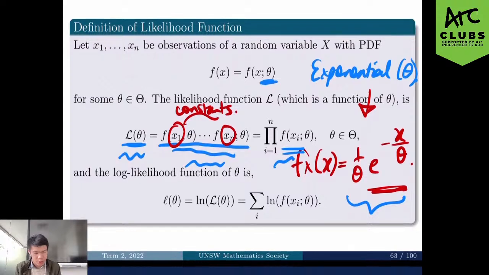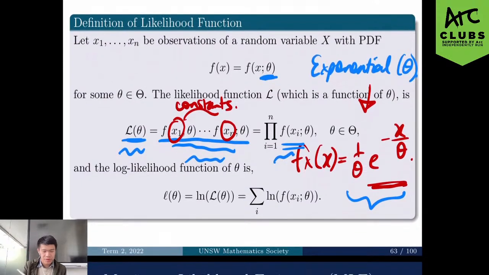And the log likelihood function is actually equal to the log of this product. The reason why we care about the log likelihood is because products are a bit annoying, because when we differentiate products, for example, you have to use the product rule. But if you differentiate a sum, it's just equal to the sum of the derivatives. So instead we take the log likelihood, and we can actually express it as the sum of the log likelihoods of the individual events.